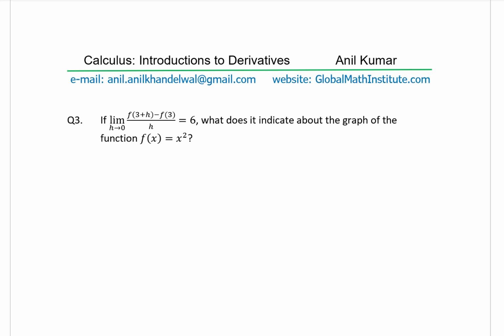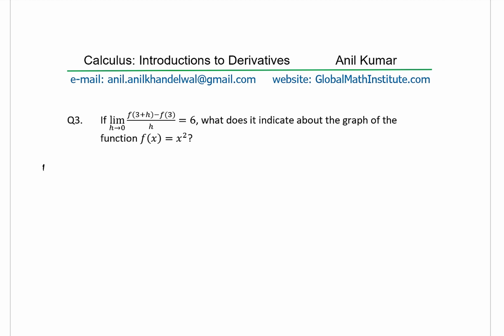Now, question number 3 here. Now, let us take the solution for question number 3. If limit h approaches 0 for f of 3 plus h minus f of 3 over h equals to 6, what does it indicate about the graph of the function f of x equals to x squared? So let's rewrite this limit.